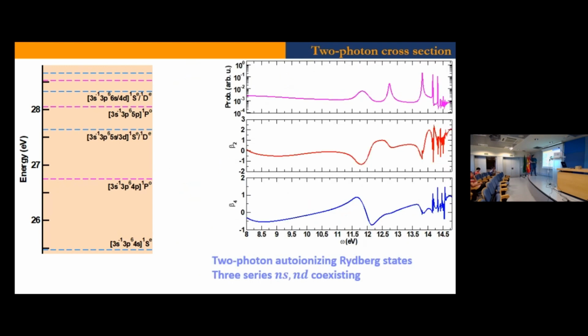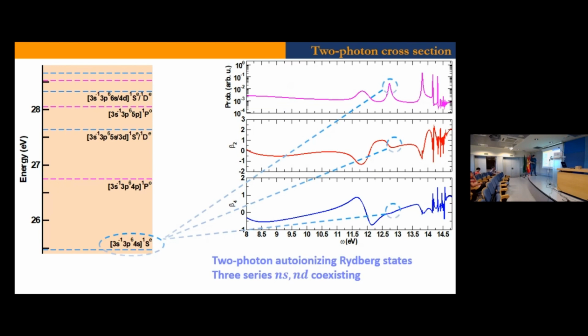So we can do the same for the 2-photon, so for the omega pathway. So we did that. This is the total ionization, and the lower panels are the beta 2 and beta 4. Again, we see a collection of structures that we can identify as other series of Rydberg states, but this time of different symmetry.